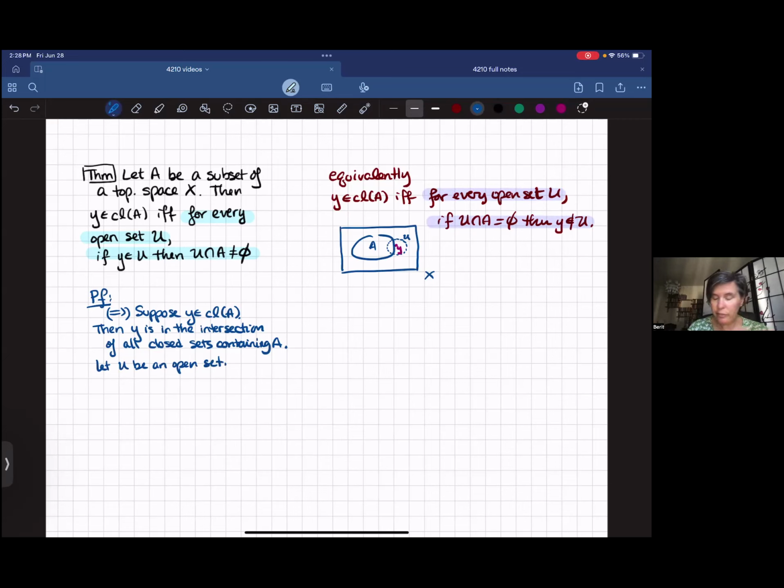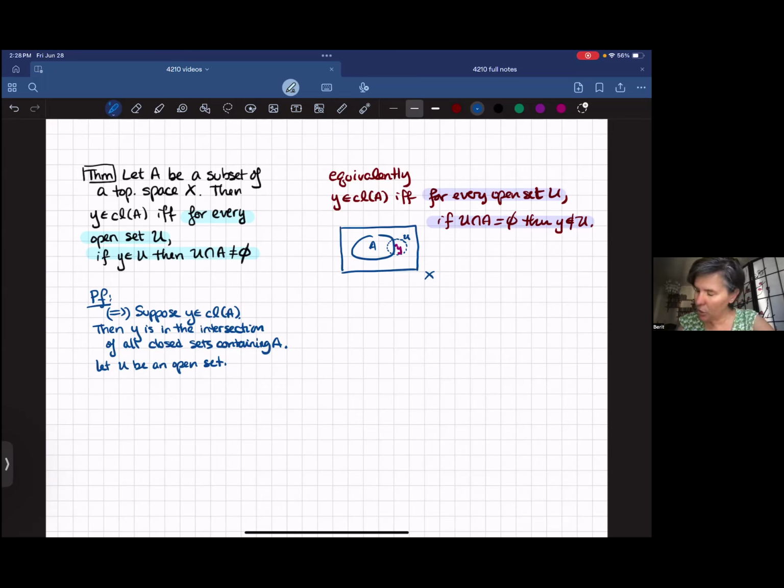So I either want to prove the blue statement, where I assume that Y is in U, and then I prove that U intersect A is non-empty, or I want to prove the purple highlighted statement, which is the contrapositive, where I assume that U intersect A is empty, and then I show that Y is not in U. Let's do the purple one. Let's do the contrapositive one.